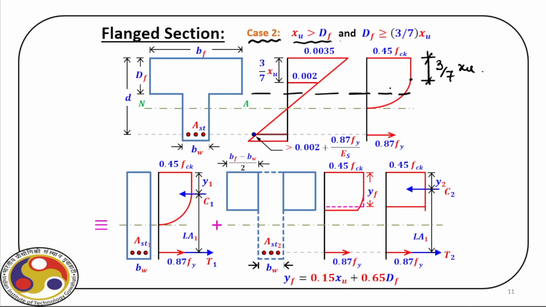That means when we calculate the area of the stress block here, we will have a rectangular part and then another part because of this parabolic shape here. Then for the web portion, we have this segment.